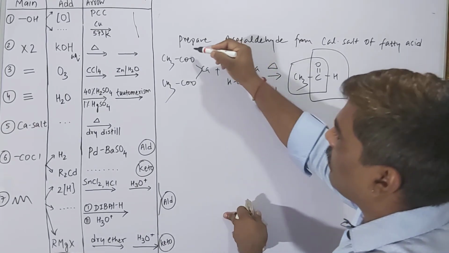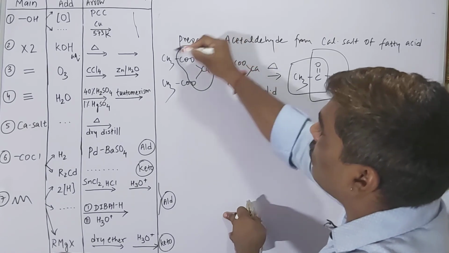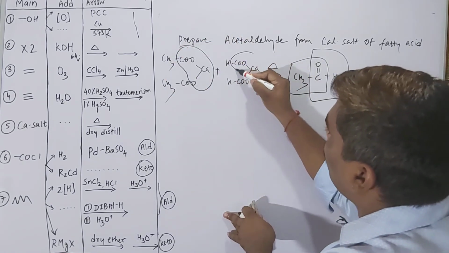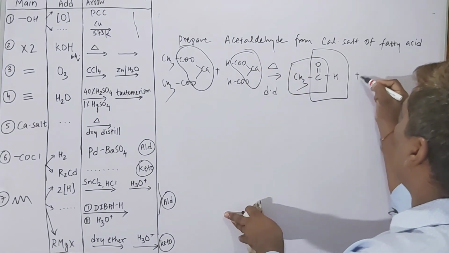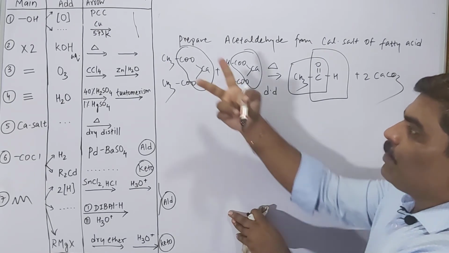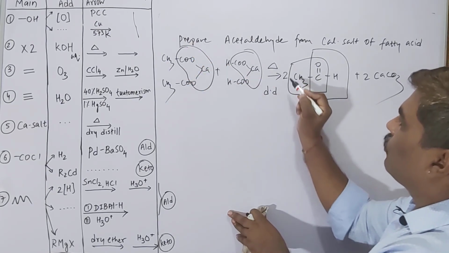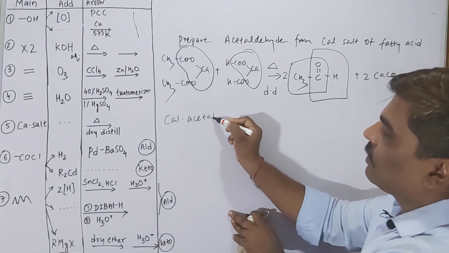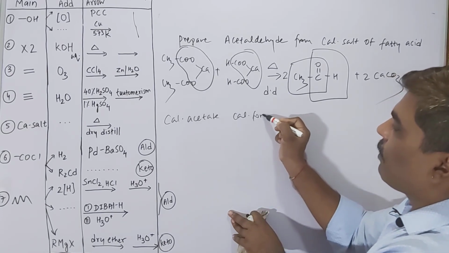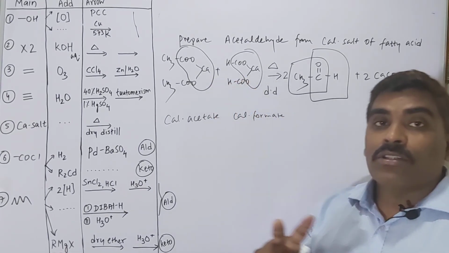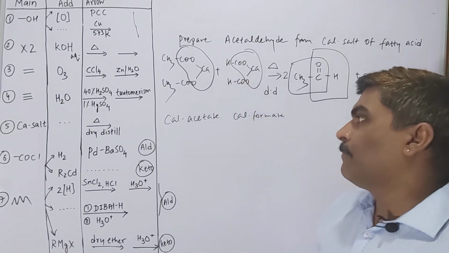Calcium acetate gives calcium carbonate, and here also we have calcium carbonate, two molecules of calcium carbonate. As two methyls are there, we'll write 2 here. This is calcium acetate, this is calcium formate. So we require a mixture of two calcium salts.